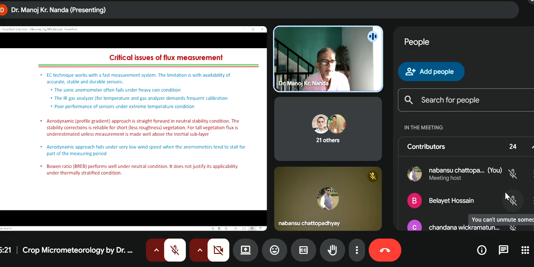Bowen ratio energy balance performs well under neutral conditions. It doesn't justify a thermally stratified layer, because in a day you are getting a thermally stratified layer at least two times. During late night or early morning, you are getting an inversion layer. During midday, 12 to 2 o'clock, at that time you are getting a highly unstable layer.